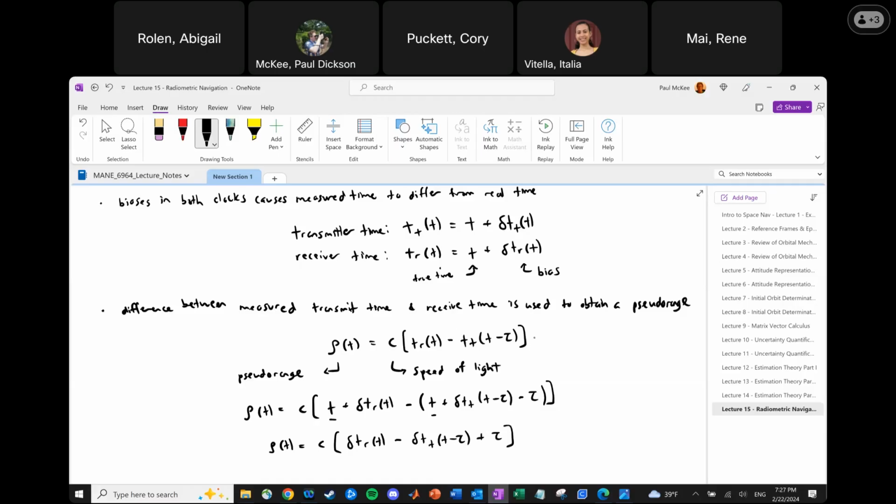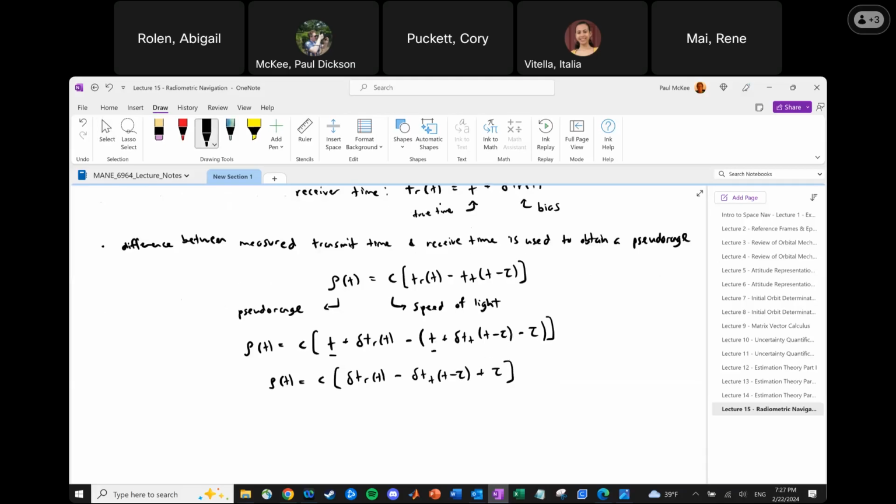Okay, great. Let's clean this up one more step. Rho of t is equal to c tau, so I'm going to separate that out, plus c times, in parentheses, delta tr of t minus delta tt of t minus tau. So this is the interesting bit. That's what we're after. And everything over here is going to be some function of clock biases.